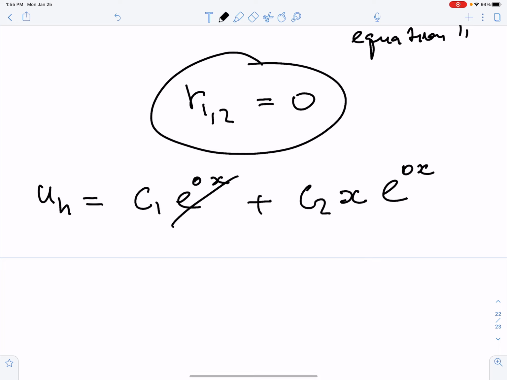E to the 0 times x is 1, and you get c1 plus c2x.